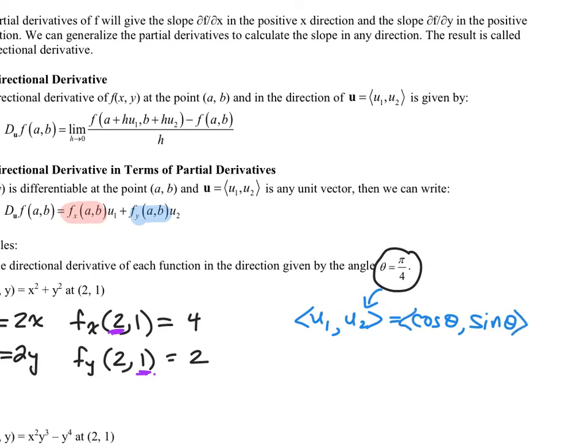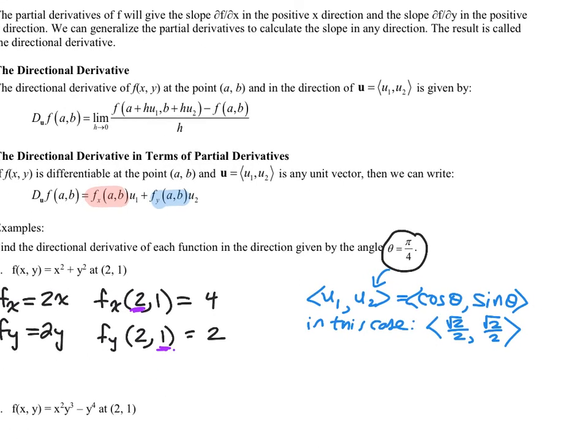In this case, we're talking about pi over 4. So we're looking at cosine of pi over 4, which is rad 2 over 2. Sine pi over 4, also rad 2 over 2.